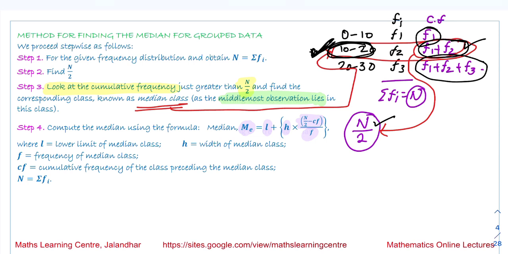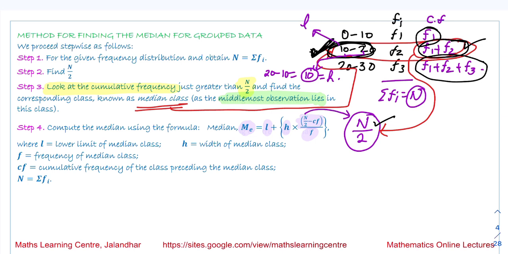L is the lower limit of this median class, so here this value 10 is L. H is the width of the median class, which is 20 minus 10, equal to 10. Then it is multiplied by n by 2, which we have already calculated.